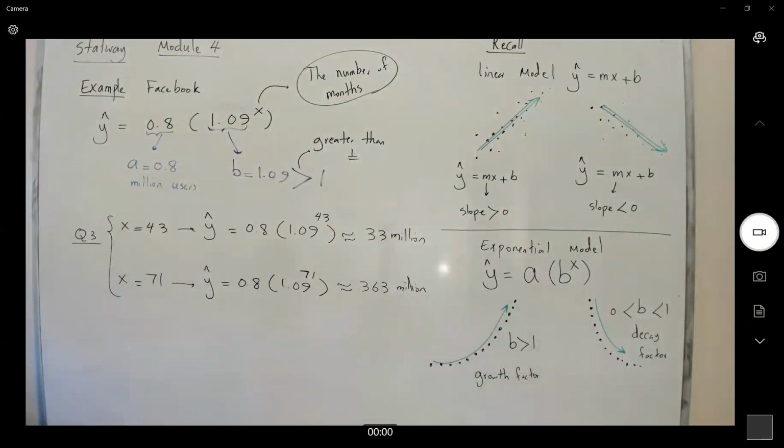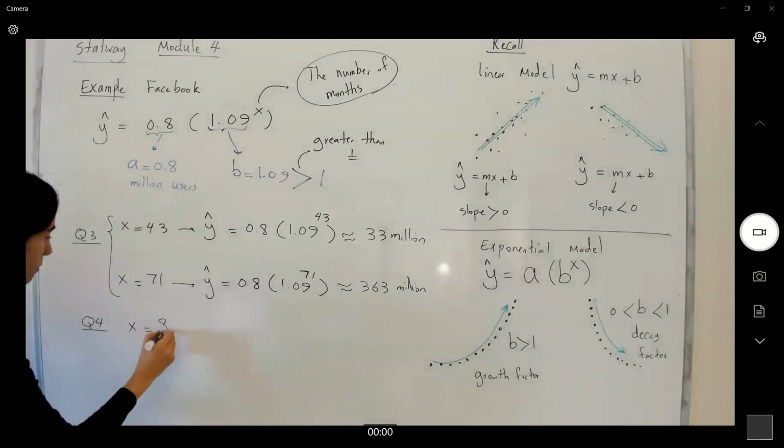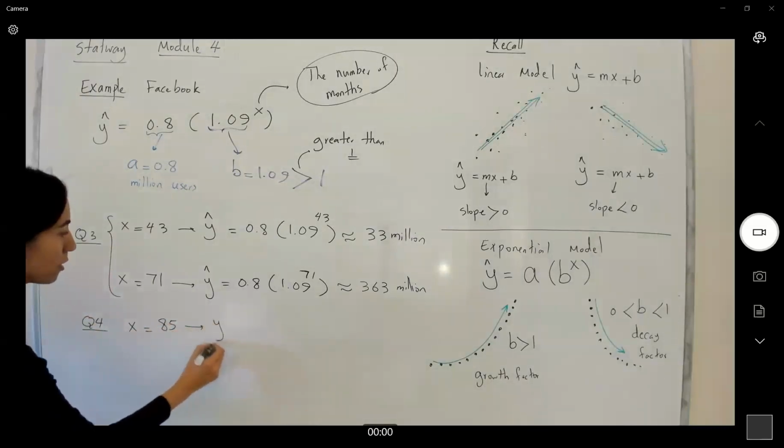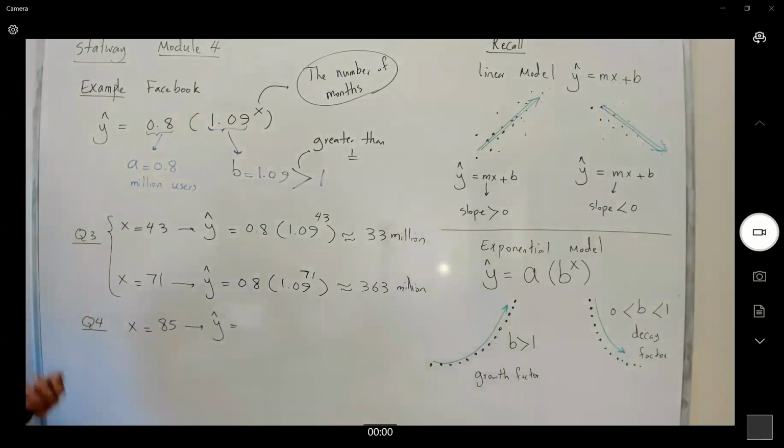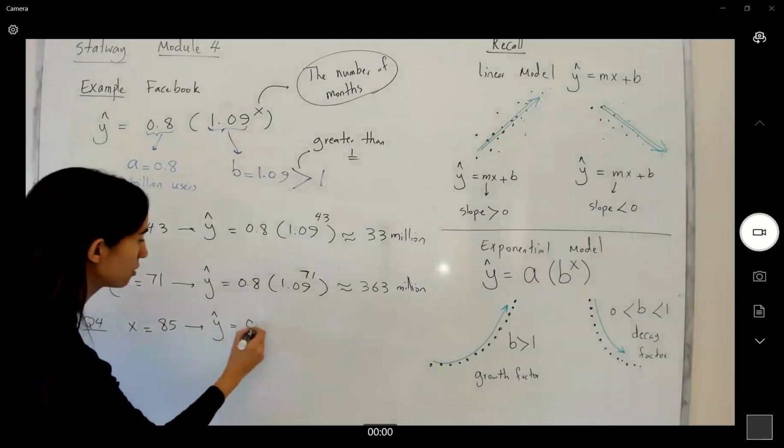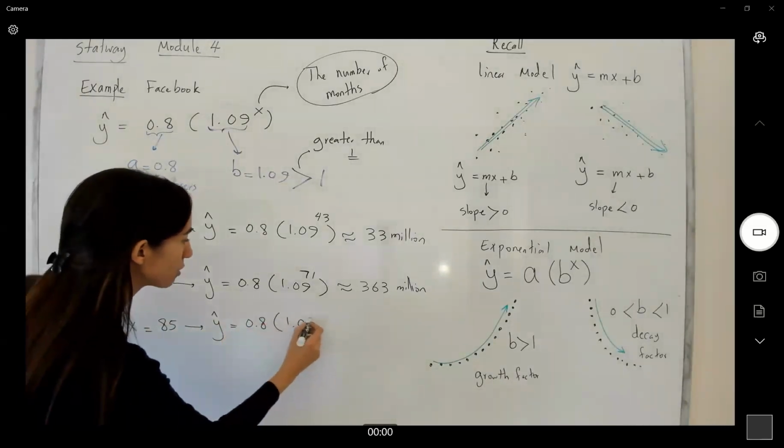How about question 4? What would be the number of memberships in March 2011 after 85 months? Question 4. What if your x is 85 months? What would be the number of memberships? How many memberships do we have? 0.8, 1.09.